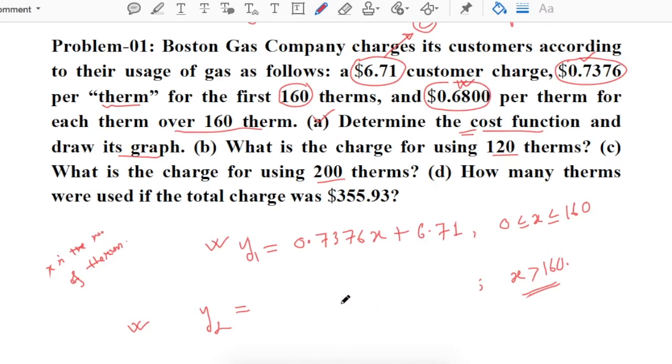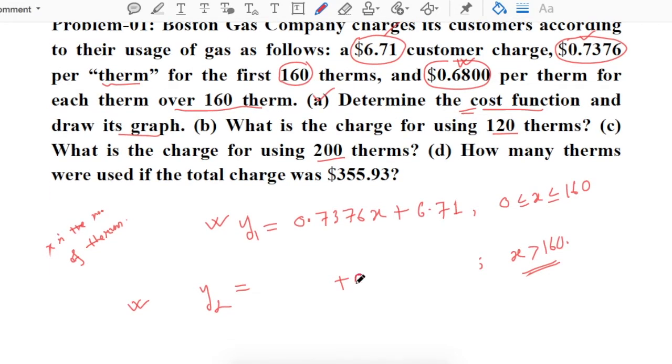So for the first 160 therms the amount will come here, and for the remaining part, 0.68 times, let's say if you are using 200 therms, the remaining part will be 200 minus 160.